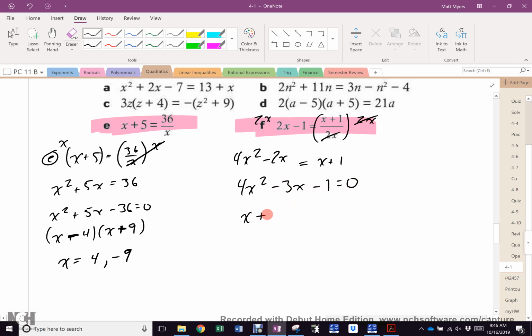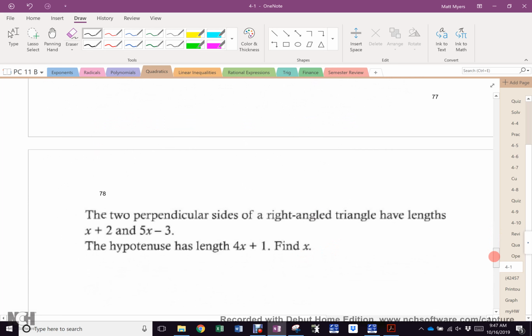X plus 1 over 4 and x minus 4 over 4. You don't. 1 and x is negative 1/4 or positive 1. Yeah? Yeah. Now, turn the page over.